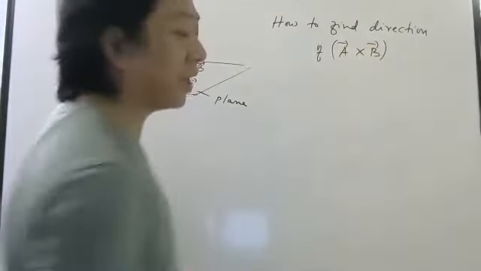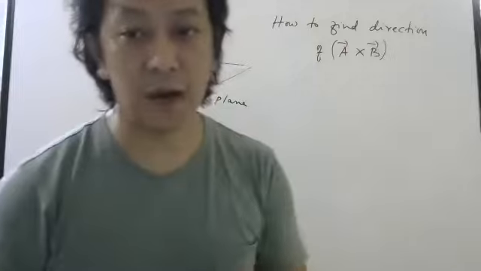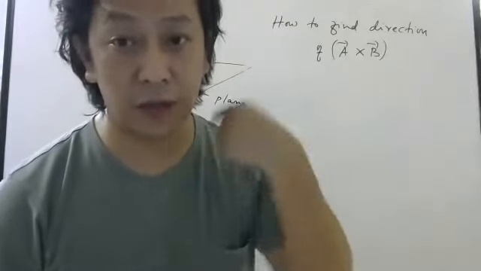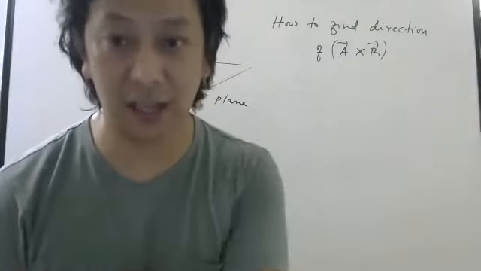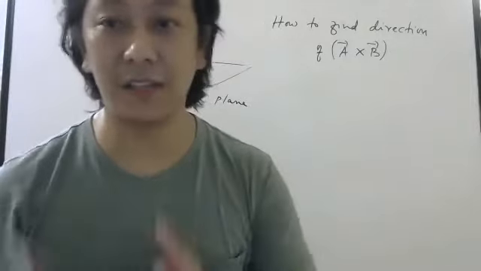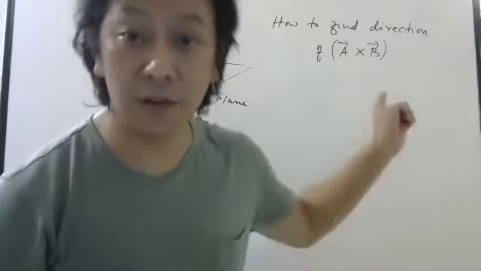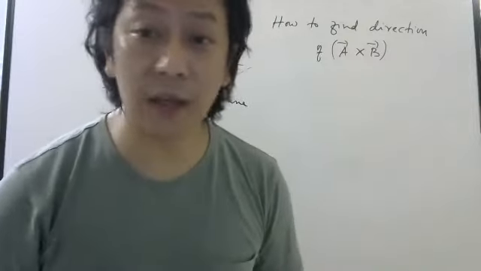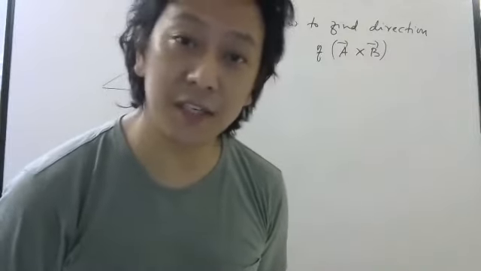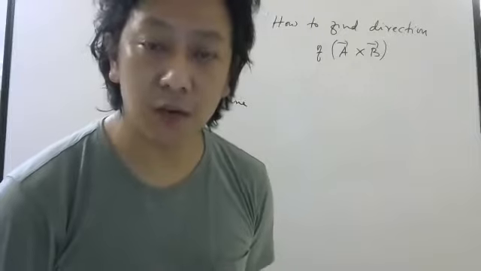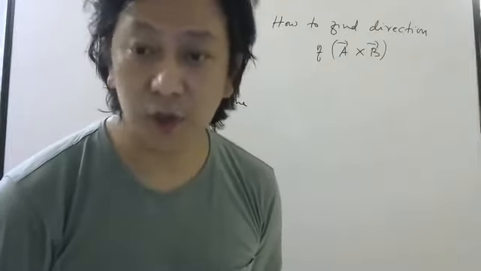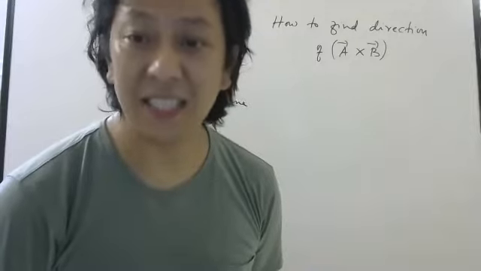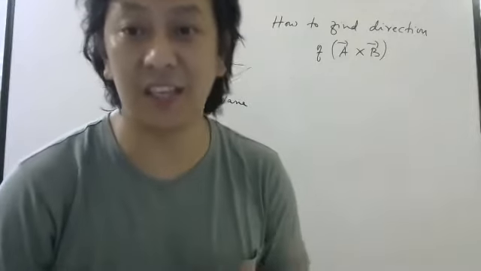Because again and again I am saying A bar cross B bar will give you a vector whose magnitude is AB sin theta. Direction is what? That we have to learn. For the dot product, why was I not worried to find the direction? Because the dot product gives you a scalar. That is how we are defining things.